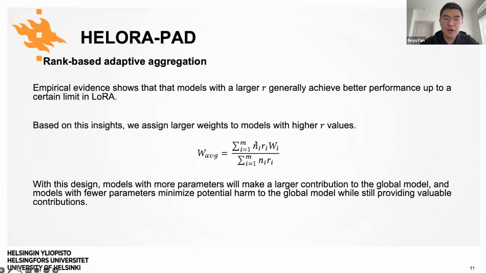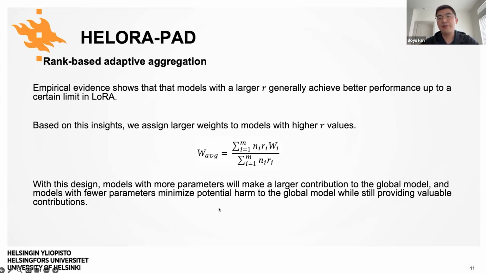So instead of just considering the amount of data, we introduce another dimension, which is R. With this design, models with more parameters make a larger contribution to the global model, and models with fewer parameters, for example the Raspberry Pi, which might just have R equal to 4.